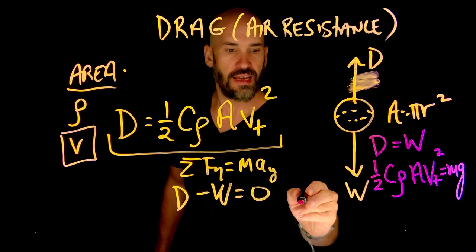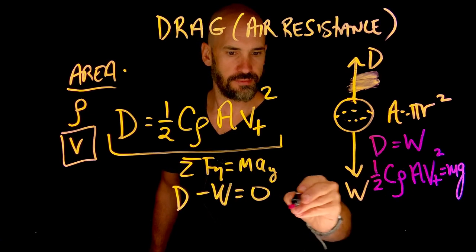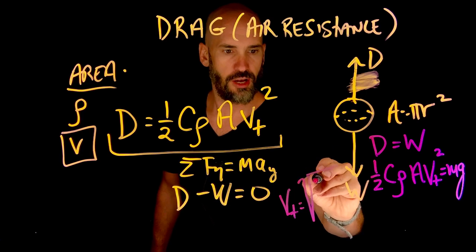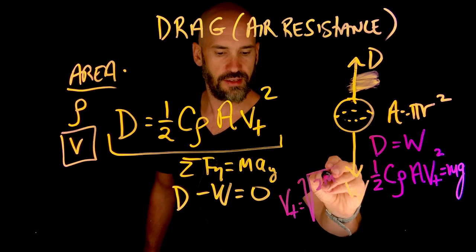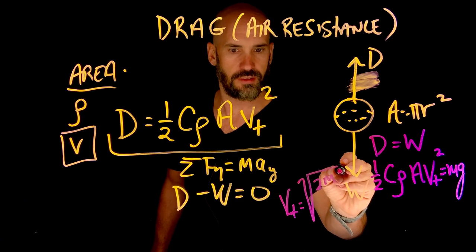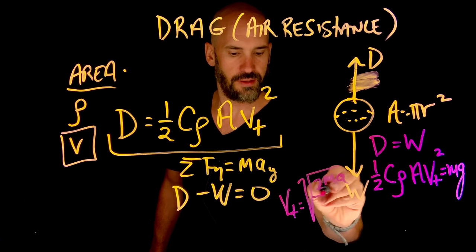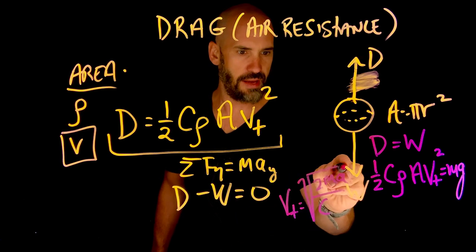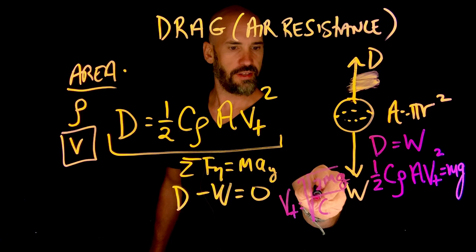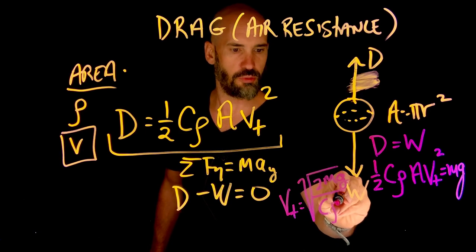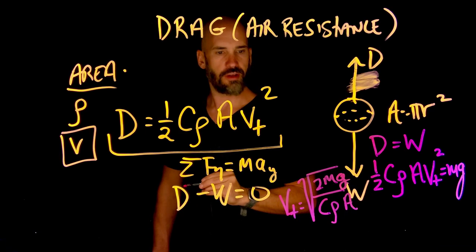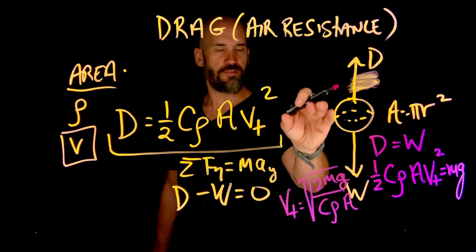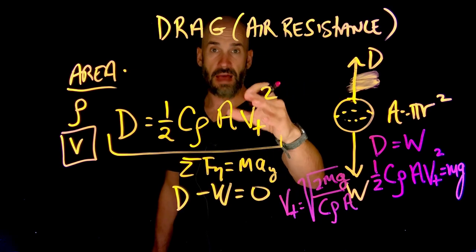And what do I get? I'm just going to write it over here: v_T equals the square root of 2 times the mass times g, over the coefficient of drag times rho times A. So, in summary, every object that falls builds up a drag force the higher the velocity is.